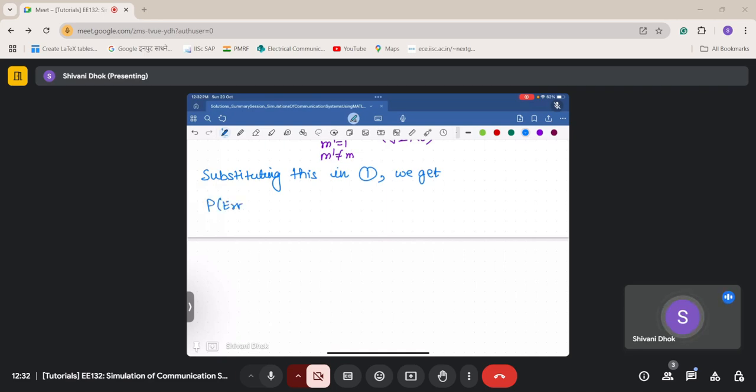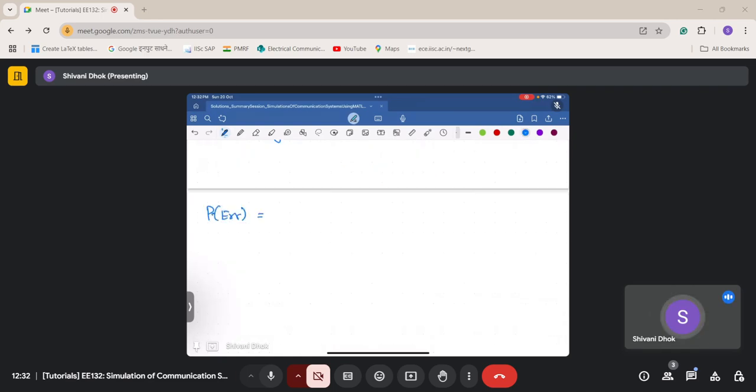Now let me write it on the next page. Probability of error as 1 by M summation m equal to 1 to M, summation m prime equal to 1 to M, m prime not equal to m, Q of d_mm' upon under root 2 N naught.